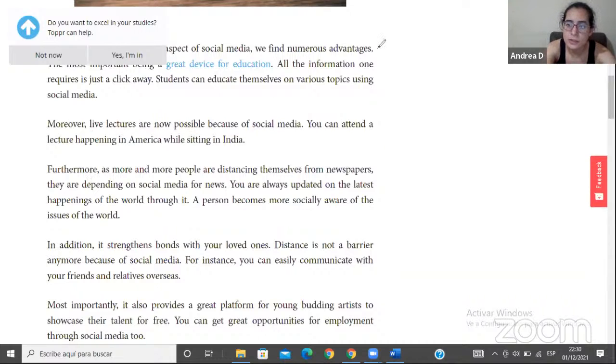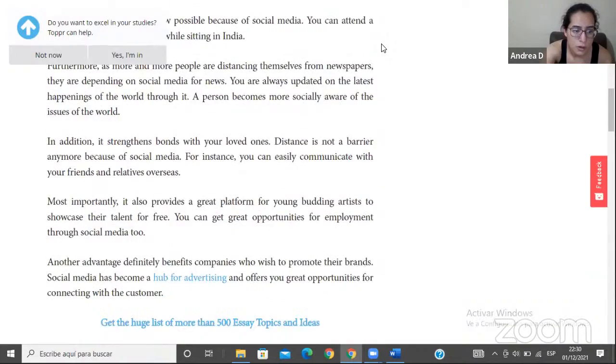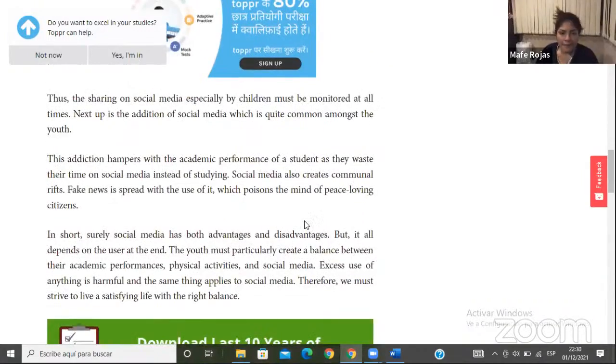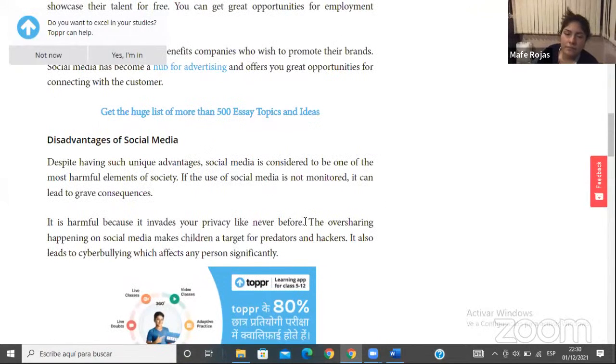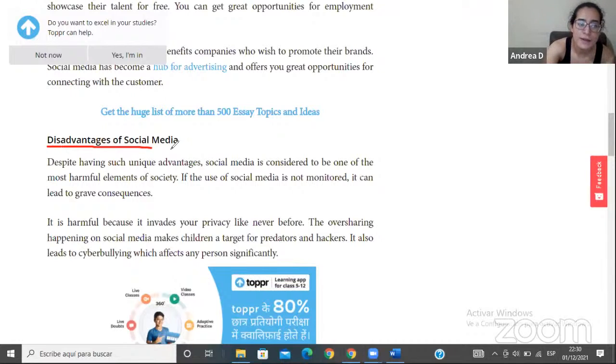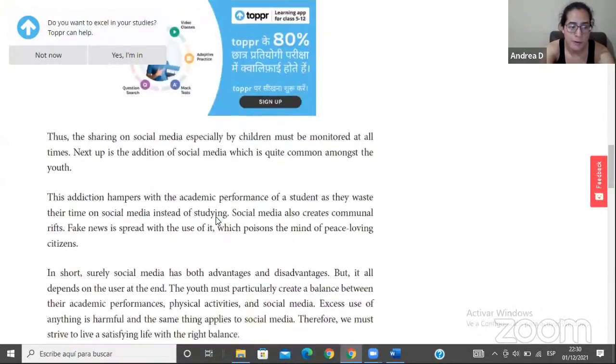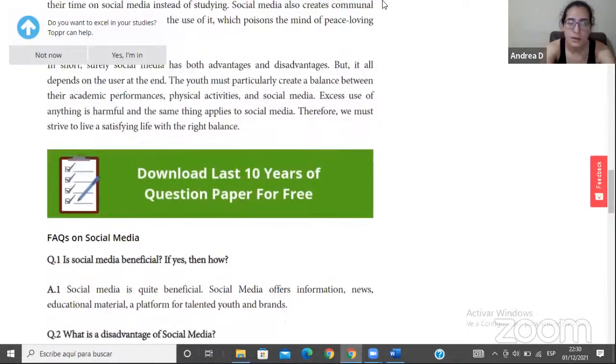So they probably do this here. Let me show you. Okay, well, they don't have, however, anything because they have a title, disadvantages of social media. Despite having such unique advantages, but in that case it will be in the same set of paragraphs, you would have another one.